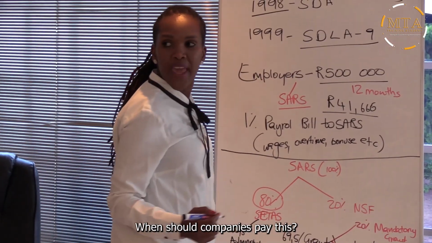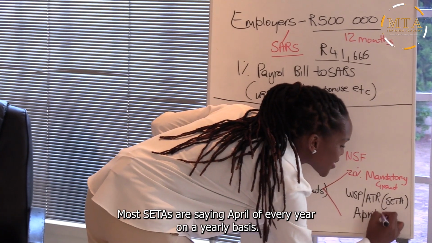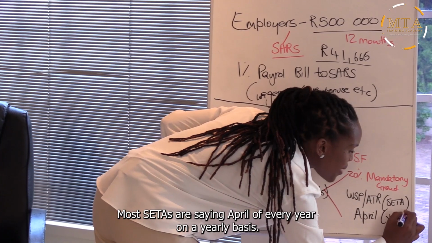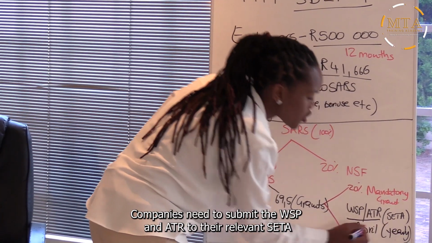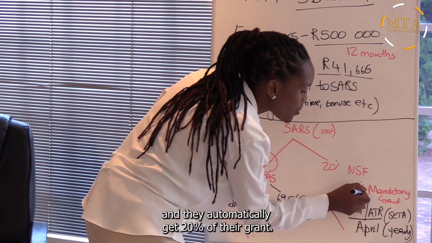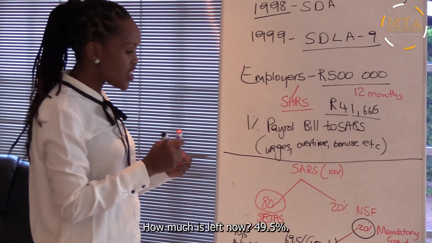When should companies submit this? Most Setas are saying April of every year. On a yearly basis, companies need to submit the WSP and ATR to their relevant Seta, and they automatically get 20% of their grant.